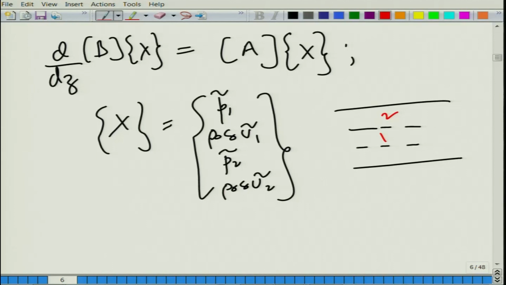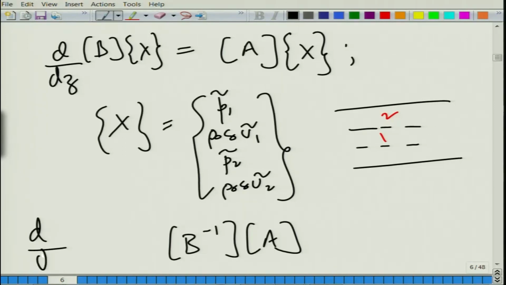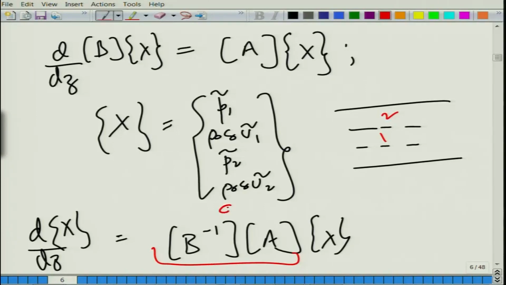So, we need to do B inverse A and get the C matrix. We did B inverse A, and so d/dz of x was this. This was your C matrix.